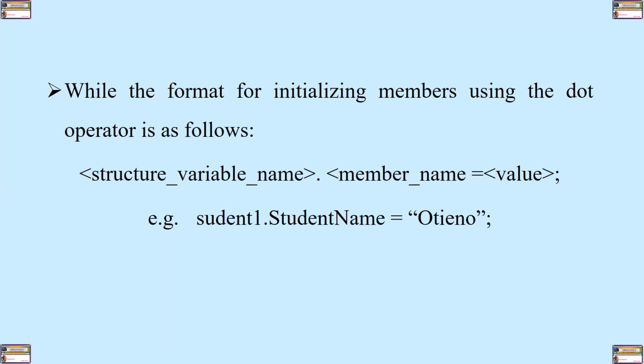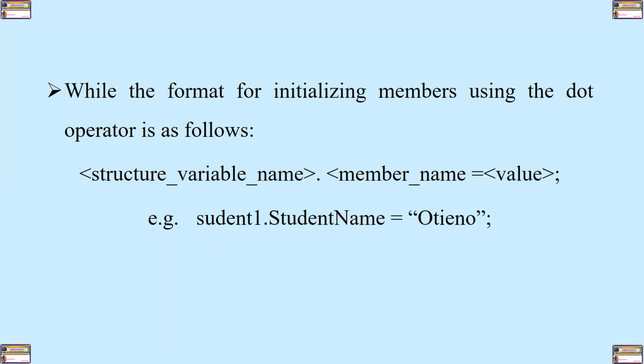You can see it's enclosed in double quotes because this is a string. So the statement is simply saying, pick the string of characters Otieno and assign it to the member of the structure which can be accessed through the structure variable student1.